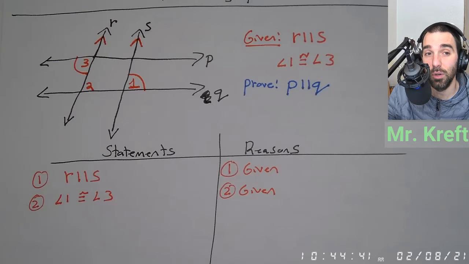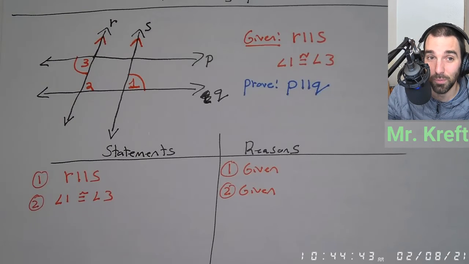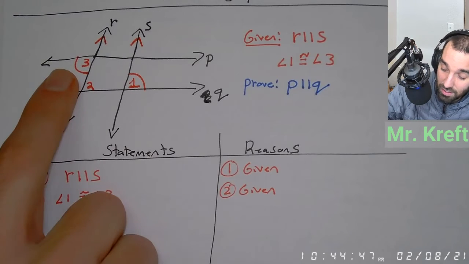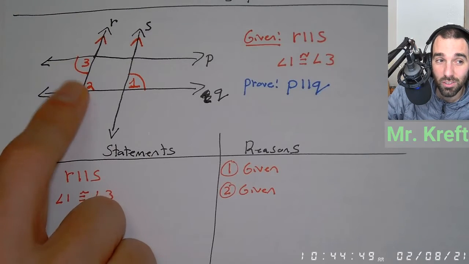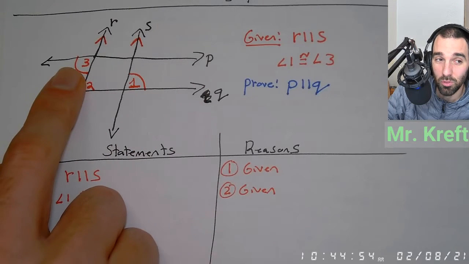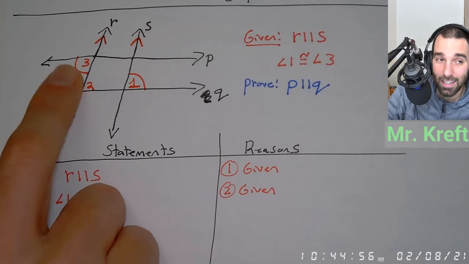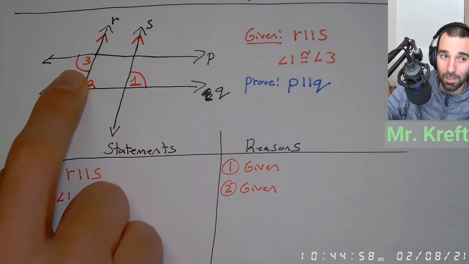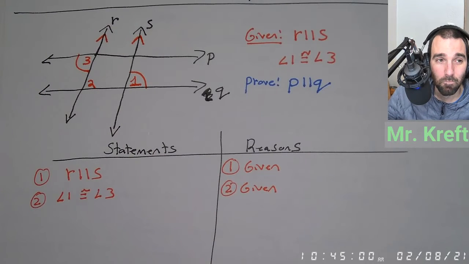Does everyone here understand why I'm saying this or understand what I just said? Does it make sense that 3 and 2 are on lines P and Q, and they're the only angle relationship? So if they're going to be parallel, this has to be true. Does that make sense, guys? Right?